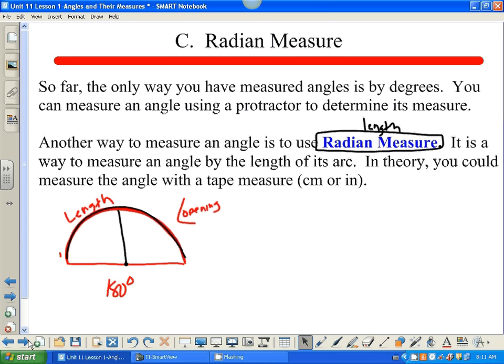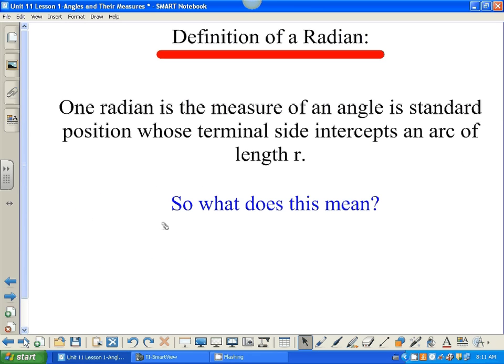With that said, the definition of a radian is the following. 1 radian is the measure of an angle in standard position whose terminal side intercepts an arc.